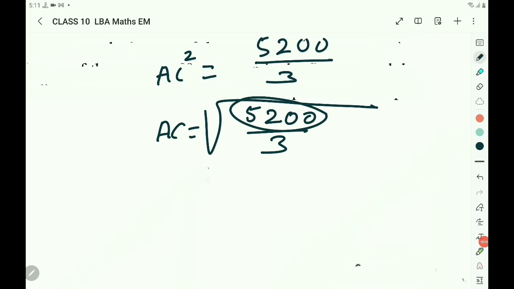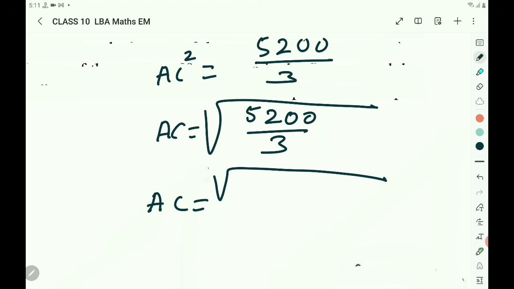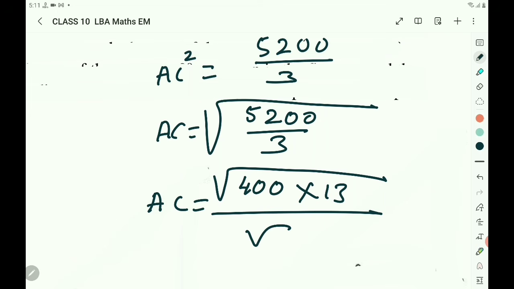Express 5200 as a product of square number into some other number. You write AC is equals to whole root 400 into 13. 400 is square of 20. 400 into 13 by root 3. Here separate the root for the numerator and denominator.